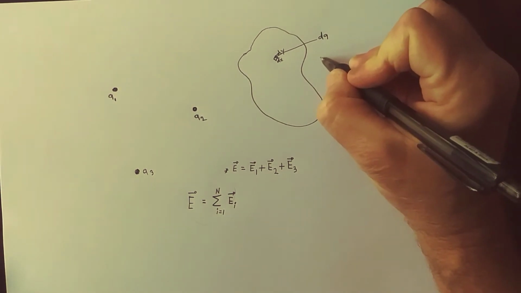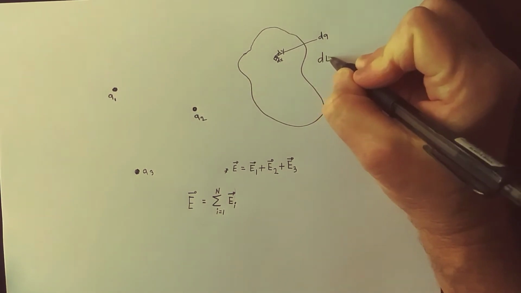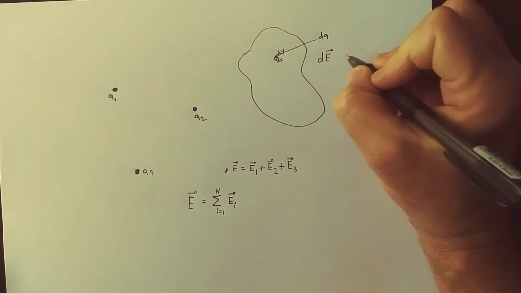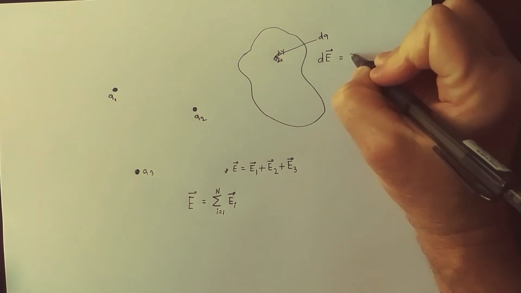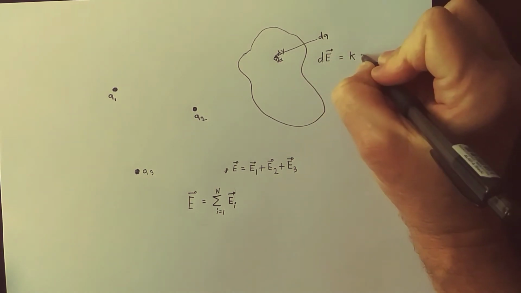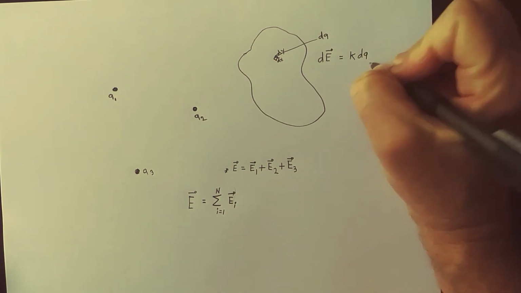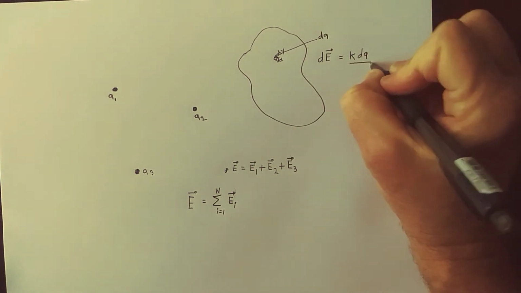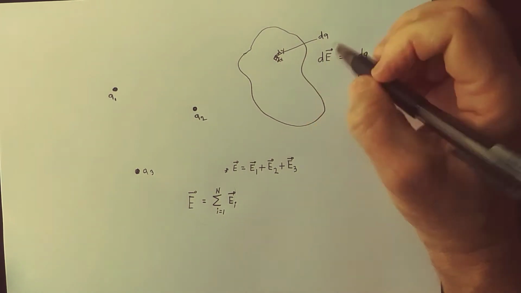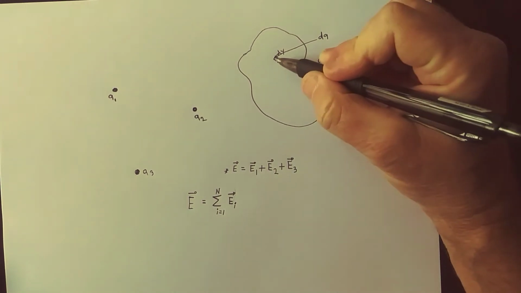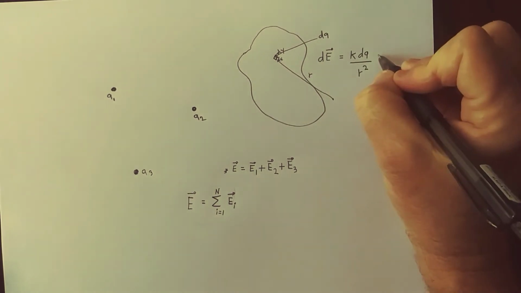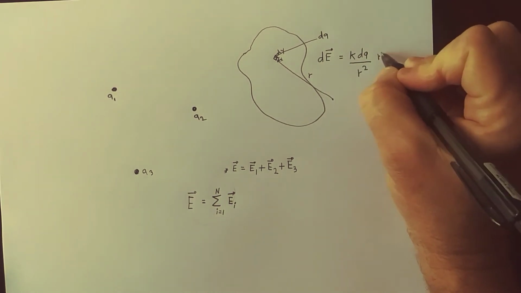Each tiny bit of space produces a tiny little electric field, which is equal to k times the tiny amount of charge that's there. So instead of Q, we have dq, an infinitesimally small amount of charge. We divide by the distance squared to wherever we want the field. Let's say we want the field here. Then there's an r there, and then we have a unit vector, r hat.